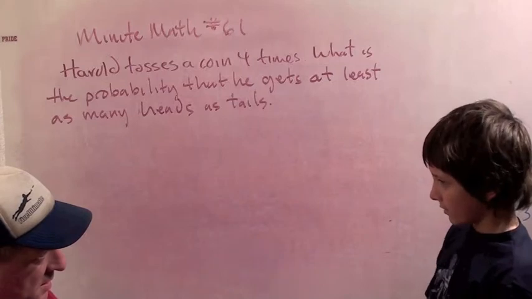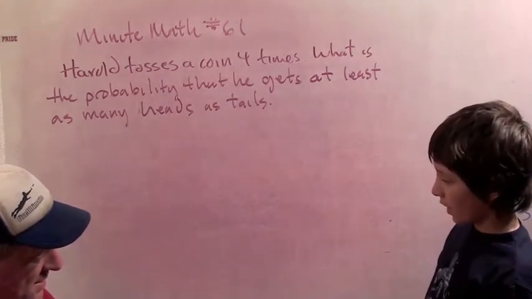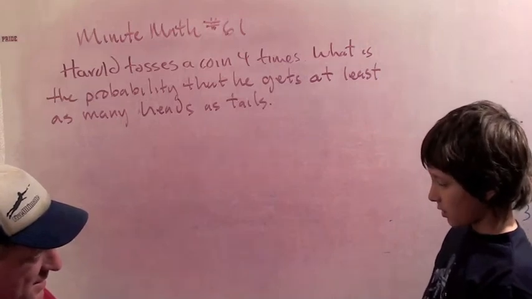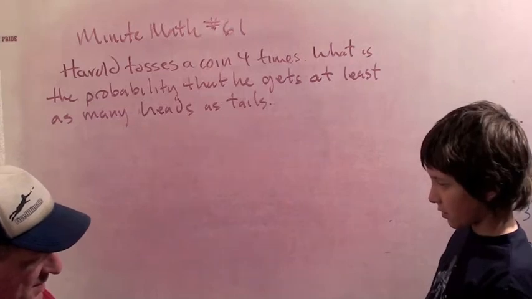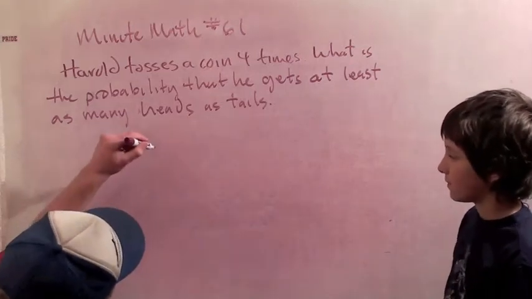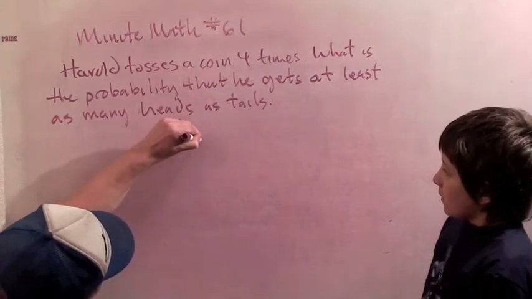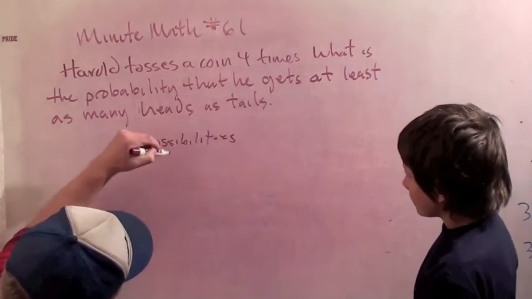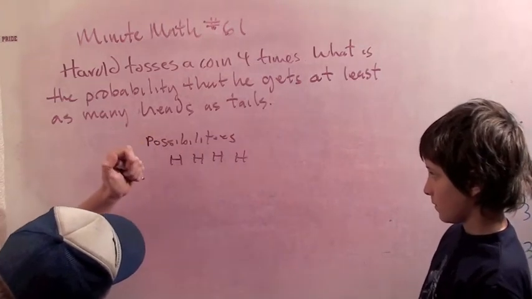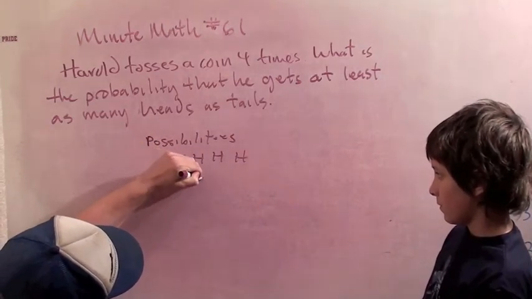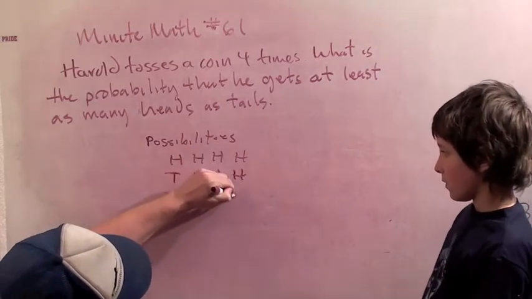You could get all tails, 3 tails and 1 head, 2 tails and 2 heads, 3 heads and a tail, and 4 heads.